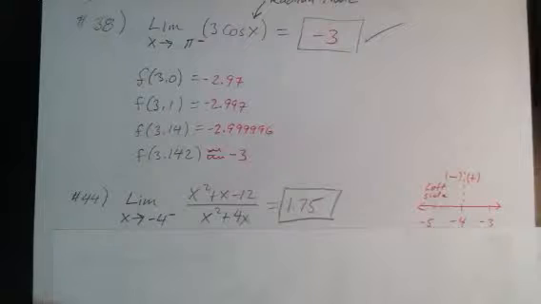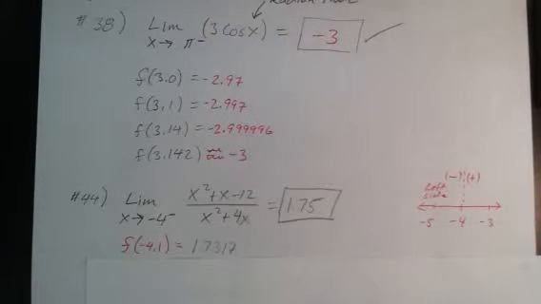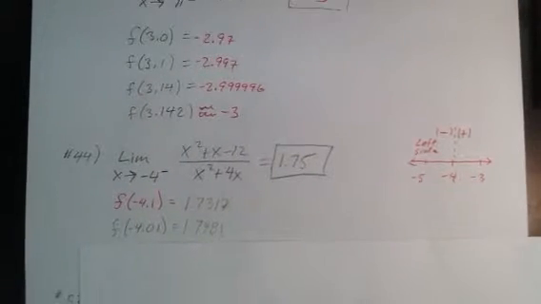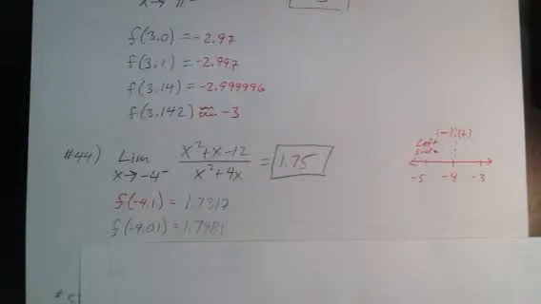All right, now the next one here, I approached it the same way. I plugged in values that got closer and closer to -4 from the left side. The first thing I tried was -4.1, and I got this value. If you notice that this was very tedious to put into your calculator, you're right. And then I tried this value.